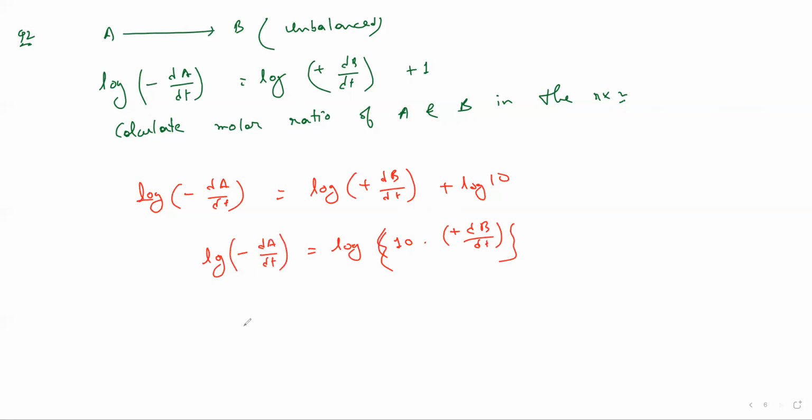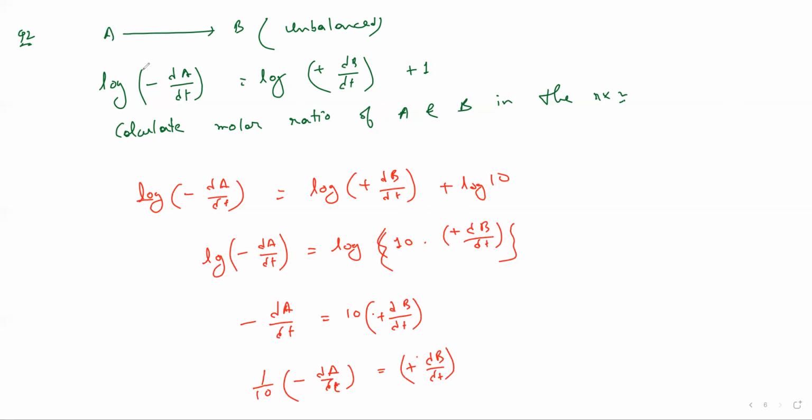Now when you remove this log sign, we can write dA by dt equals 10 into dB by dt. Now this part, 1 by 10 of minus dA by dt equals plus dB by dt.